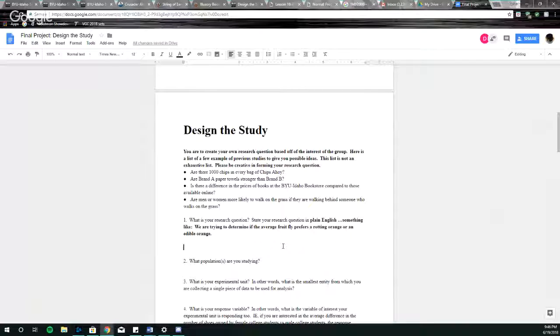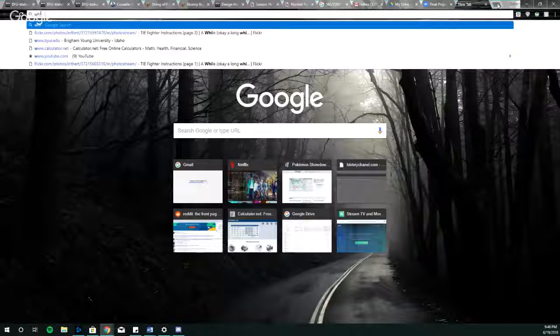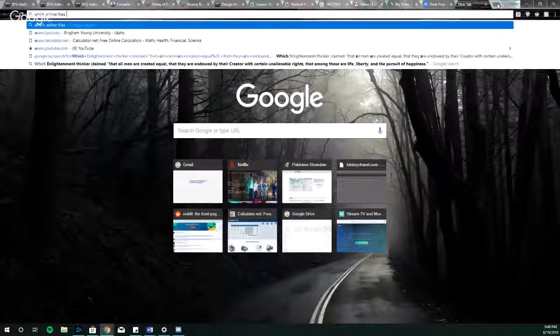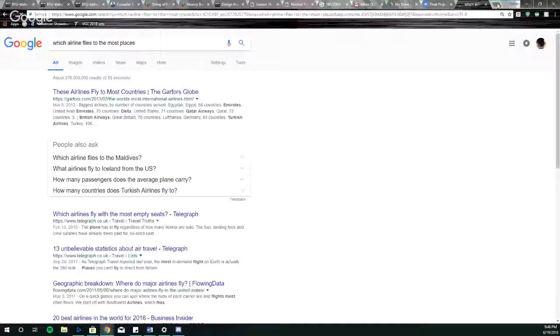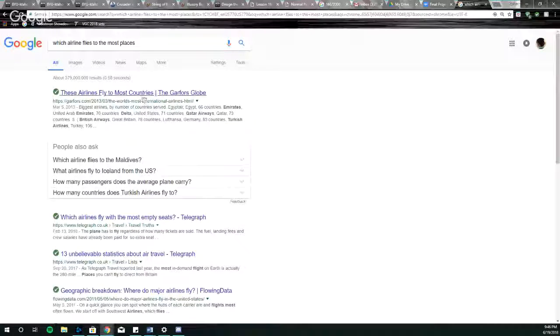Because there are two things here. Do we want to know if there is a difference between the airline price and the travel agency, or do we also want to compare how the prices vary depending on the time of the year?